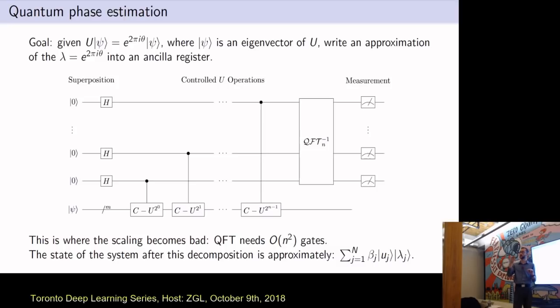So now you have the superposition of the eigenstates of this operator, and you can expand it in this eigenbasis. You have every single phase that you are interested in as probability amplitudes in the state. Now what you want to do is extract these phases and write them into the register. That's what quantum Fourier transformation does. It's actually an inverse quantum Fourier transformation. So you take these probability amplitudes, which encode all the information that you want, and put them into a register.